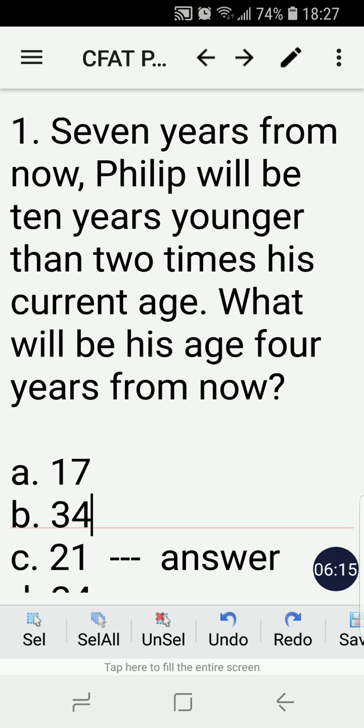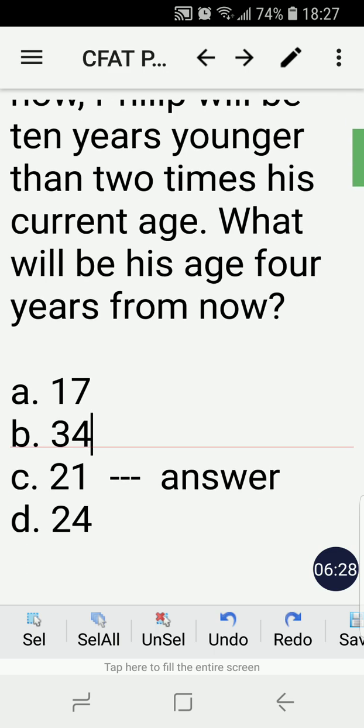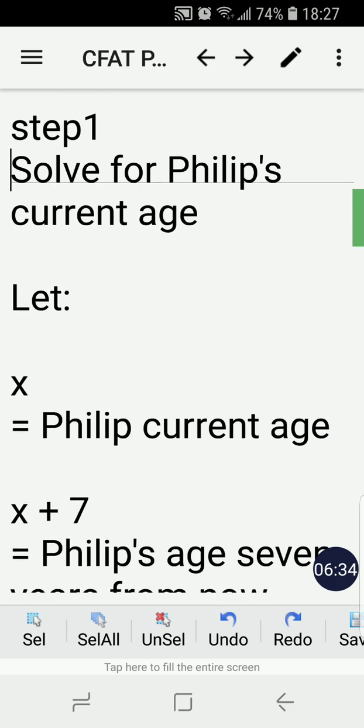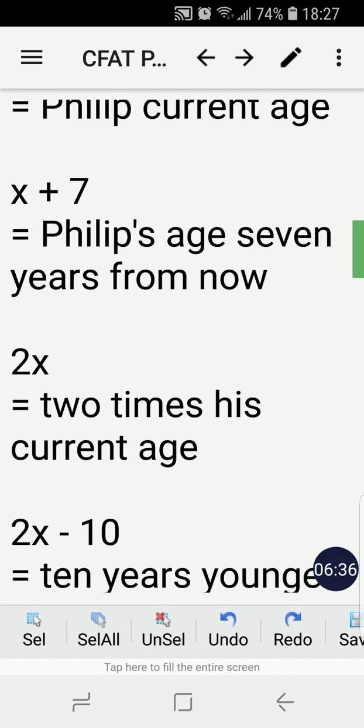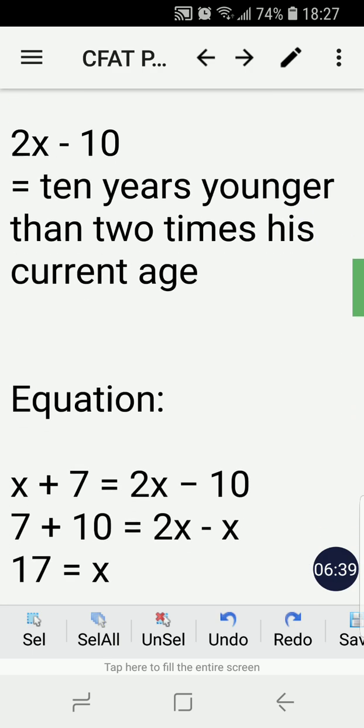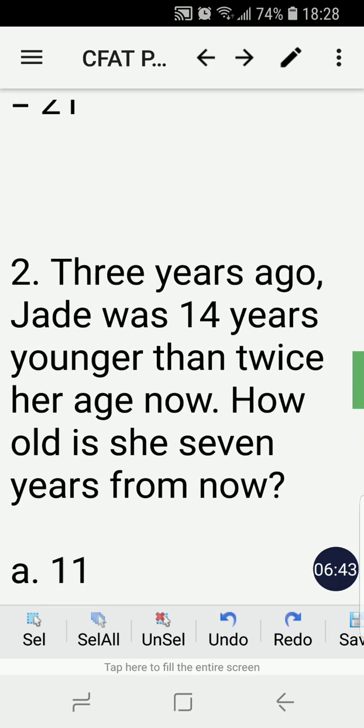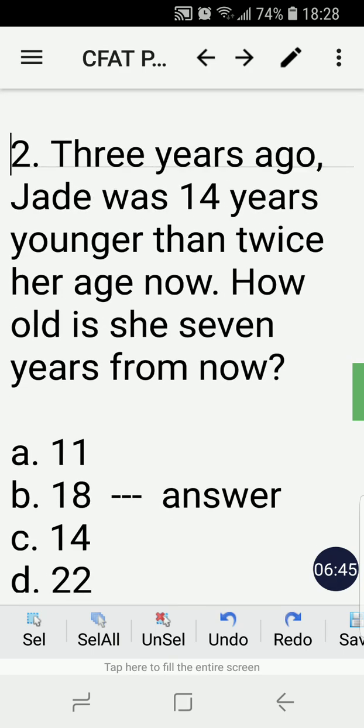It takes a little bit of practice, but the more practice you have, the better your understanding, and you'll get more familiar with how to translate the expressions into little pieces so that you can put them all in one equation. Okay, so moving on to number 2.